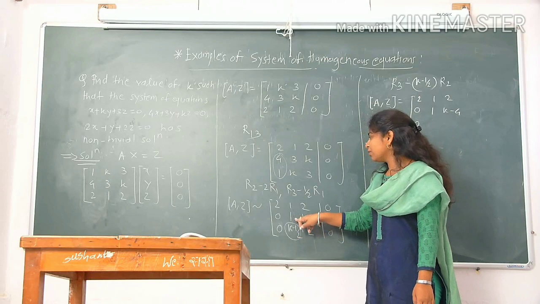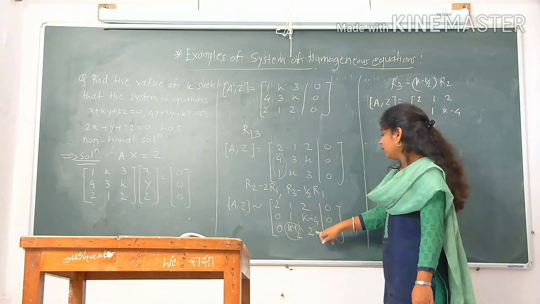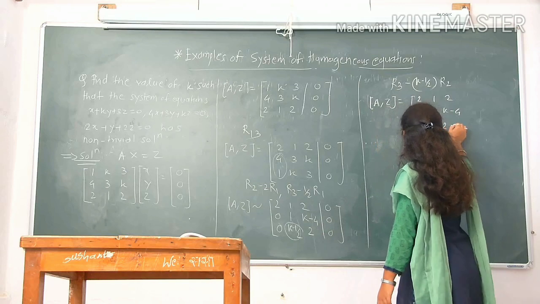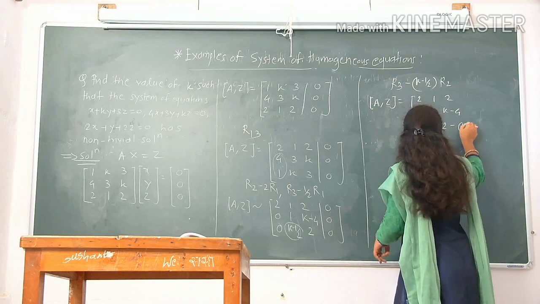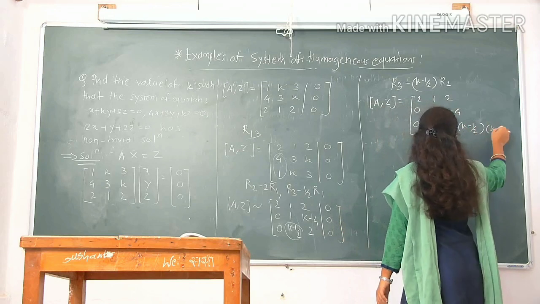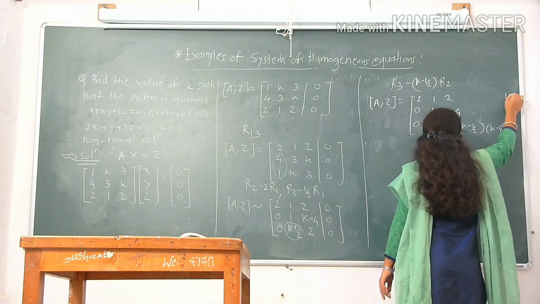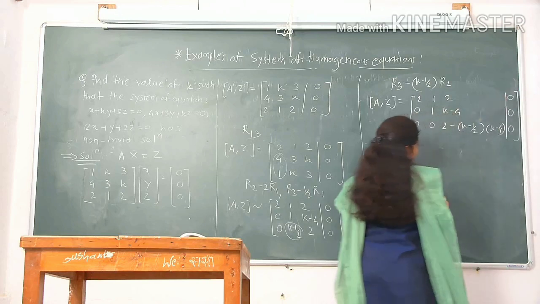So k minus 1 by 2 minus k minus 1 by 2 is 0, and 2 minus k minus half into k minus 4, then 0 0 0.